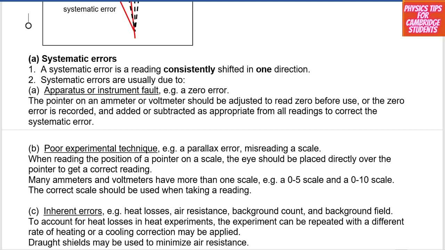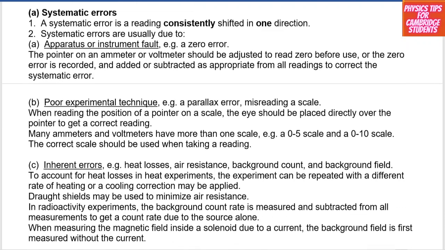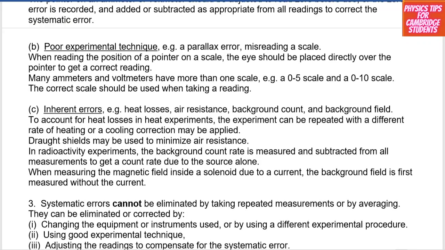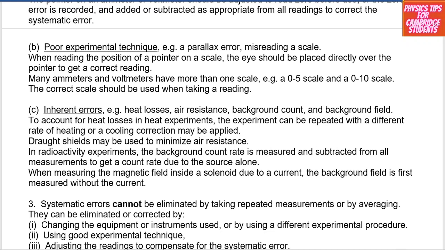Now we also have poor experimental technique. For example, if someone has a constant parallax error, like you have got a ruler, and then you are reading from above the ruler instead of reading perpendicular to the reading. Your eye is supposed to be perpendicular, and if you're constantly reading from an angle above, then your values tend to have a parallax error.